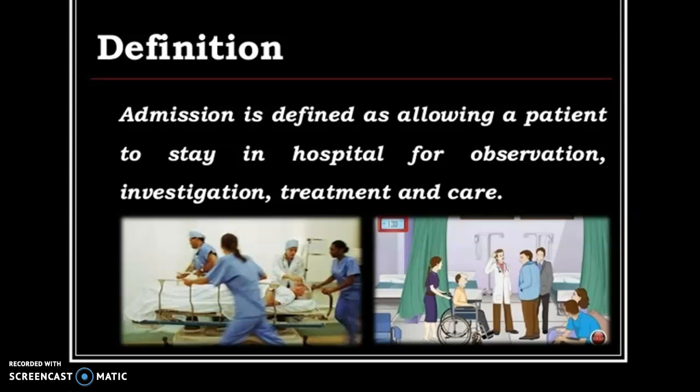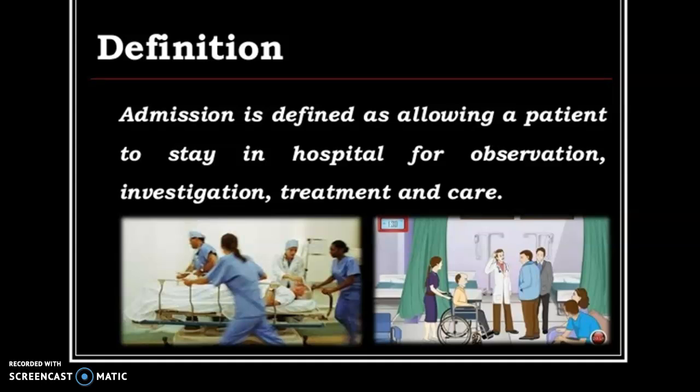First we will see the definition of admission. Admission is defined as allowing a patient to stay in the hospital for observation, investigation, treatment and care. It's a procedure through which a patient gets an entry into the hospital patient list, and we are giving the patient permission to stay there for the purposes of observation, investigation, treatment and care.